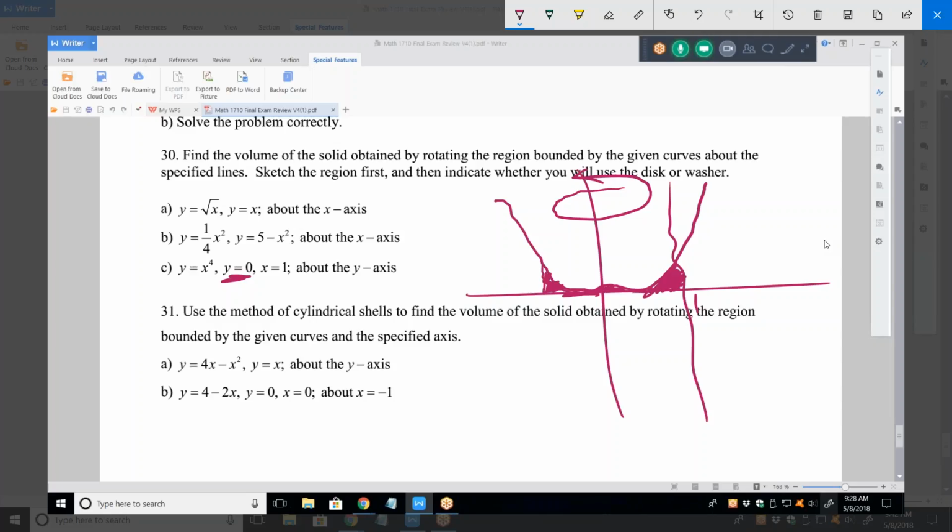Yeah, because these little spots right here are going to create a hole in your ashtray. So you can't build this ashtray using discs. You need washers. And each washer is going to be like that, basically. And the skinny side of that washer is perpendicular to the y-axis.